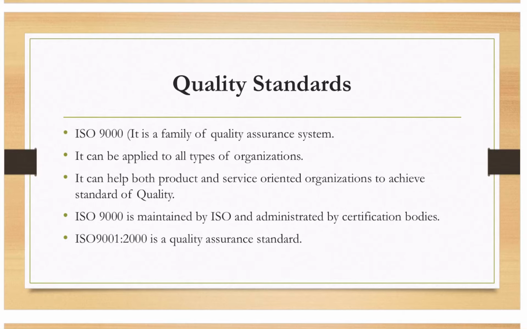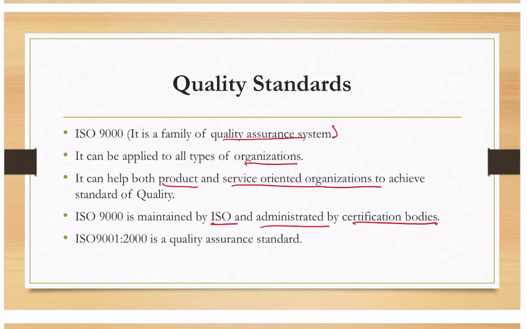It is a family of quality assurance systems. It can be applied to all types of organizations, and it can help both product and service oriented organizations achieve a standard of quality. ISO 9000 is maintained by ISO and administered by certification bodies.